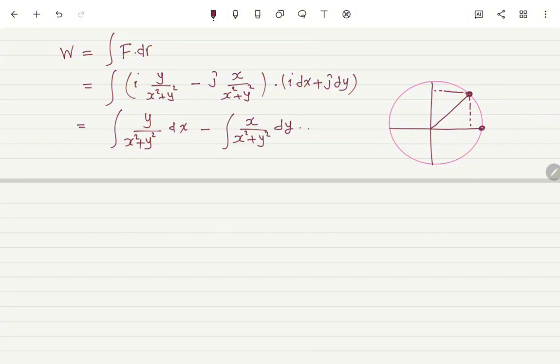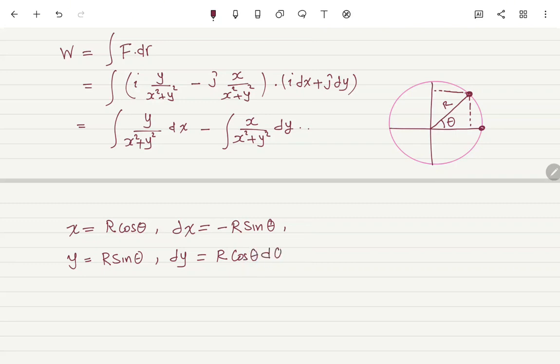So x here, if this is theta, equals r cosine theta, where r is the radius of this circular path, and dx will be equal to minus r sine theta d theta, because r is constant. y in this case is equal to r sine theta, and dy equals r cosine theta d theta as well.